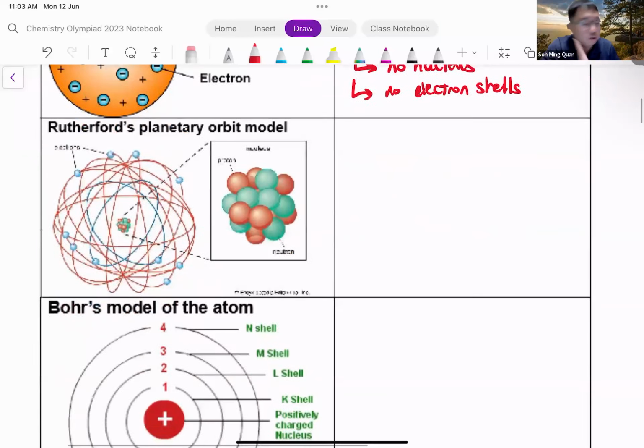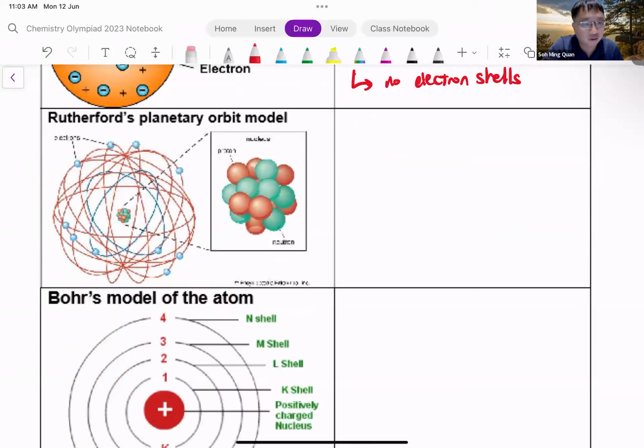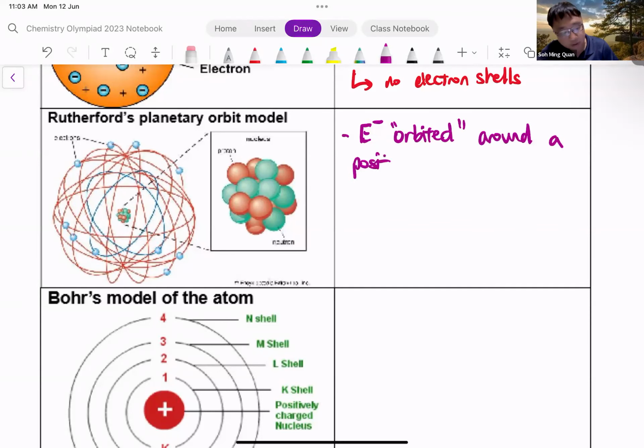Next, we go on to Rutherford's planetary orbit model. So Rutherford imagined that electrons orbited around a positive nucleus. So you can see that, wow, Rutherford knows about the nucleus.